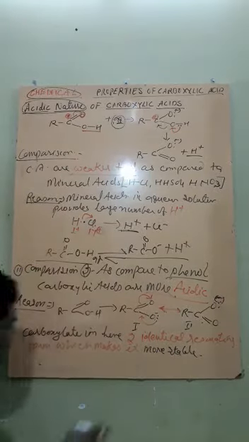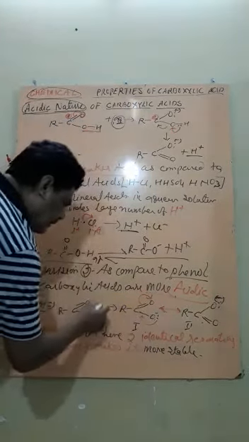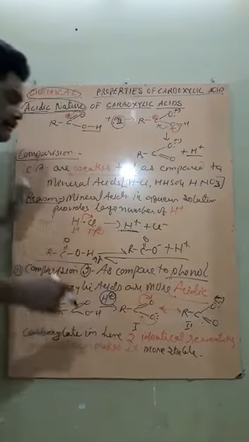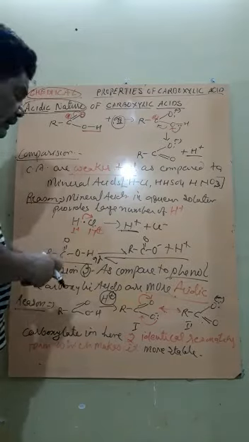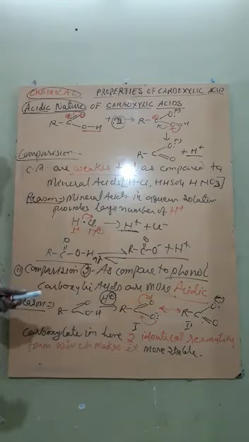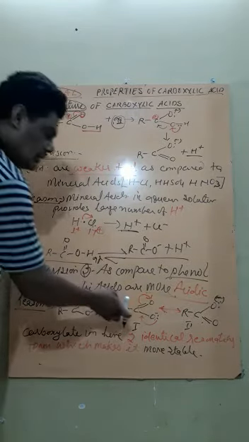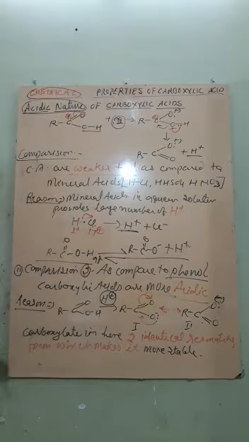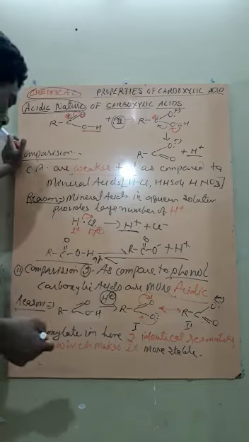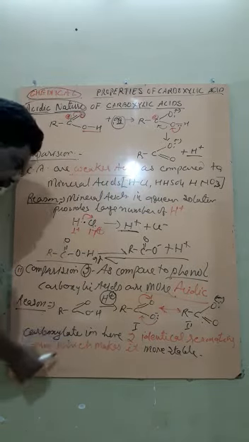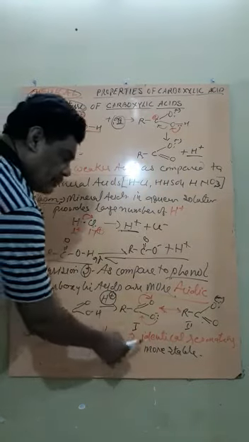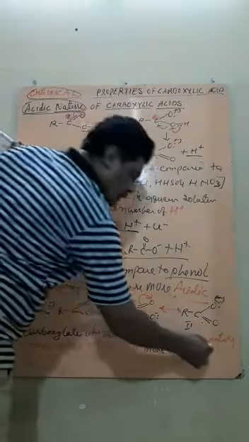Now, if it becomes more stable, then it will show a lesser tendency to attract H cations. That means in aqueous solution, the H cation will be present freely. Why? Because these resonating forms stabilize themselves. So carboxylate ion has two identical resonating forms which make it more stable. Student, you know that resonance is directly proportional to stability.